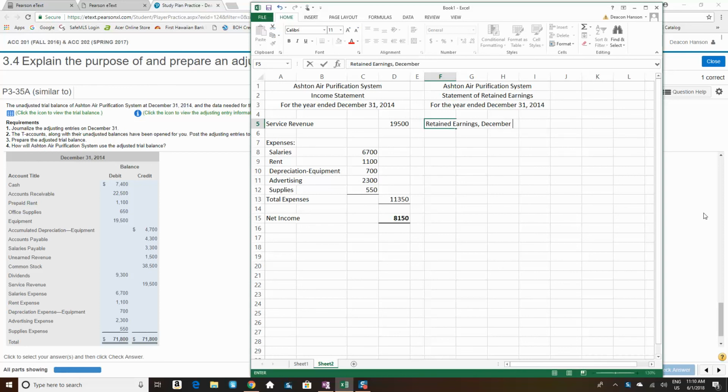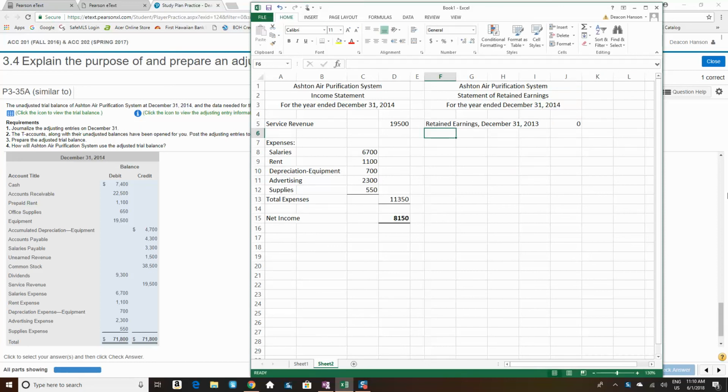Okay, so from December 31st, 2013, those are actually the beginning retained earnings for 2014. Okay, so we'll get this where we have enough space. Okay. So it looks like the company didn't have anything to start. It's probably a brand new company.